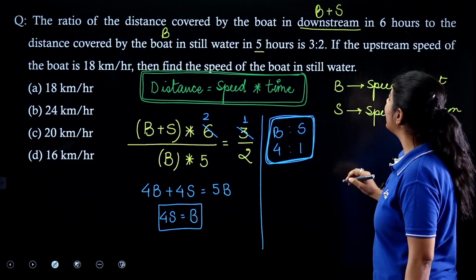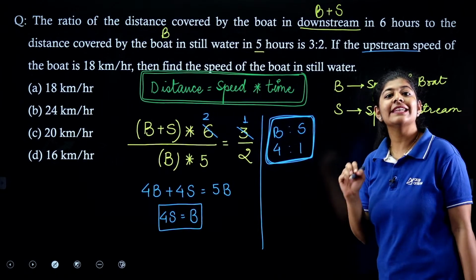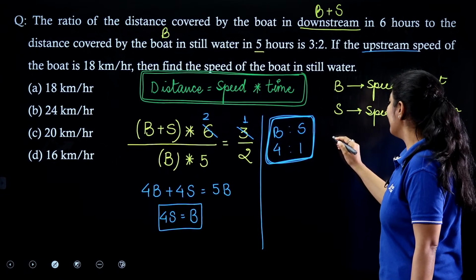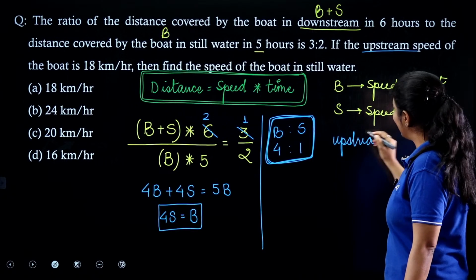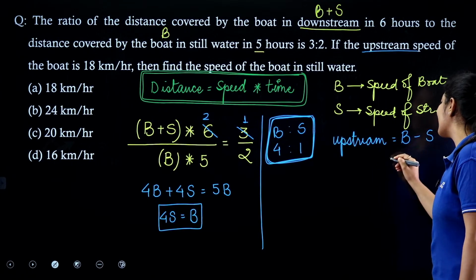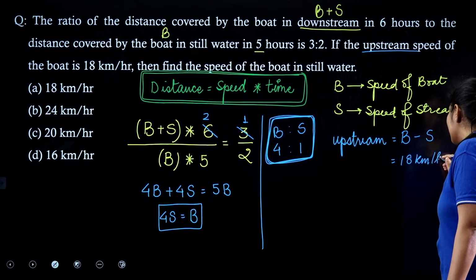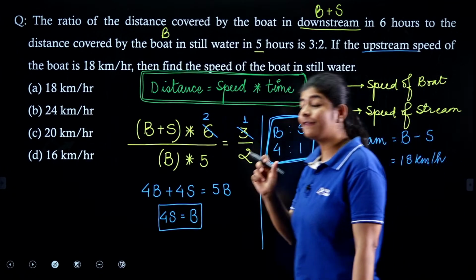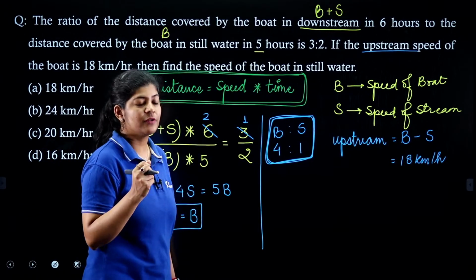The question is saying that the upstream speed of the boat is 18 kilometers per hour. That means speed of boat minus the speed of stream is 18 kilometers per hour.